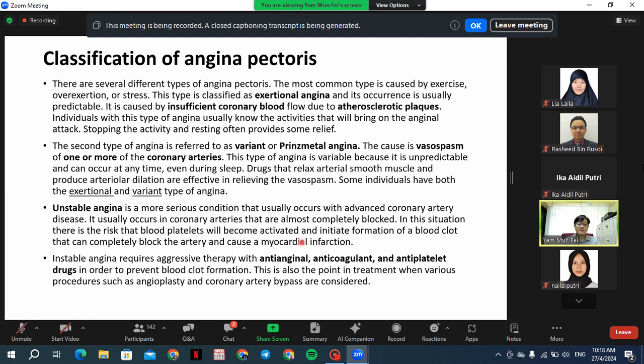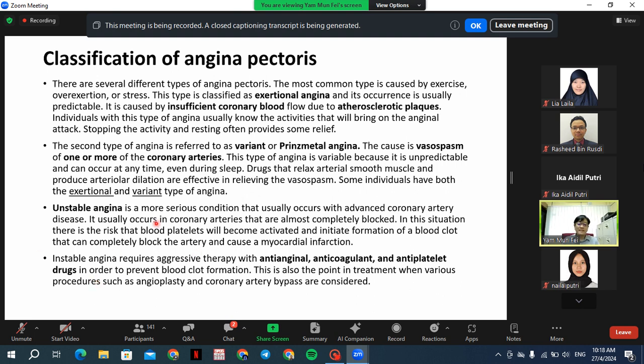Then we call it unstable. For unstable, you need to do surgery or extra treatment. You cannot depend only on drugs; you need further treatments.